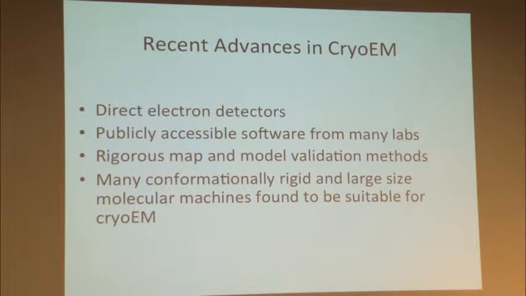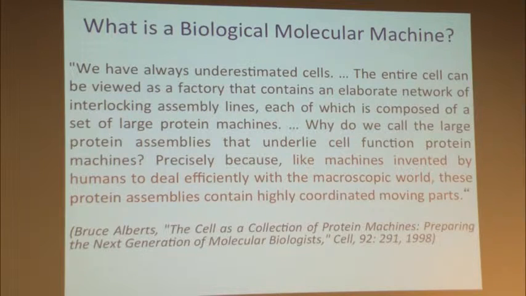And so now, given that, my title says Cryo-Electron Microscopy of Molecular Machines. I don't know what the background of the audience is. I just want to introduce the definition of molecular machine. The term molecular machine was introduced by Bruce Alberts some years ago. He said, we have always underestimated cells. The entire cell can be viewed as a factory that contains an elaborate network of interlocking assembly lines, each of which is composed of sets of large protein machines. Why do we call the large protein assemblies that underlie cell function protein machines?